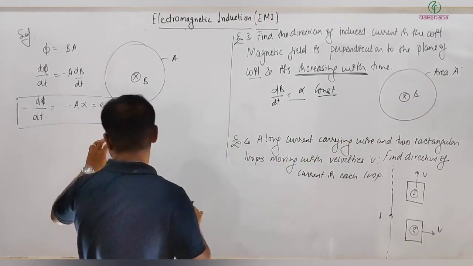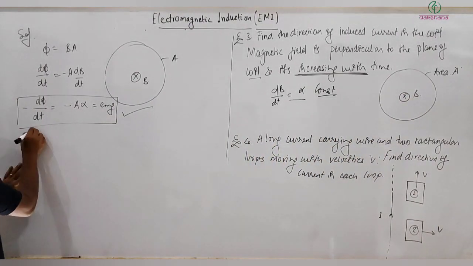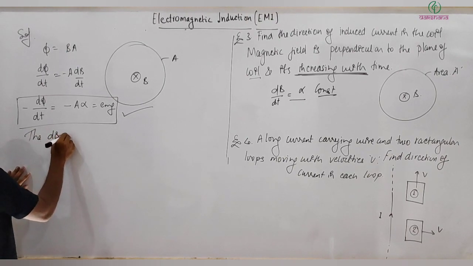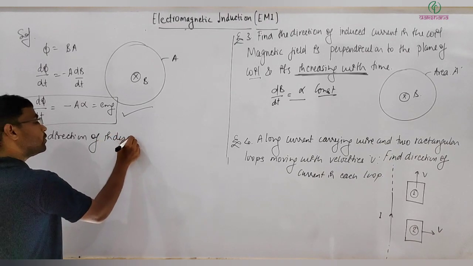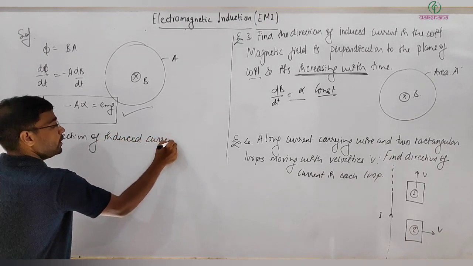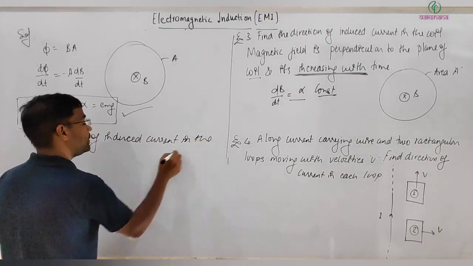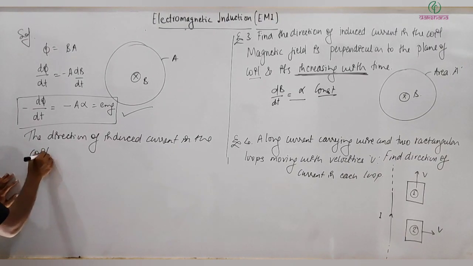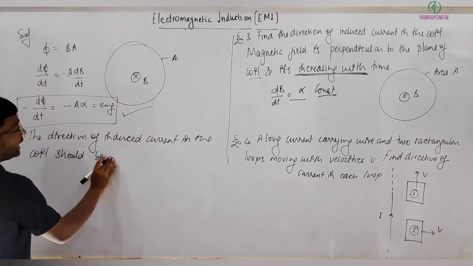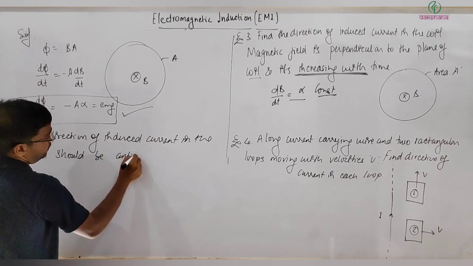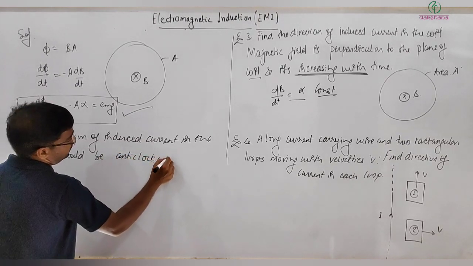So here I can write the direction of induced current in the coil should be anti-clockwise, right?